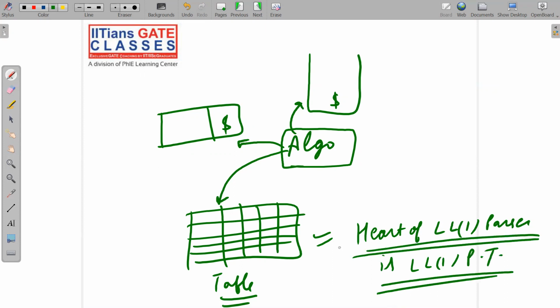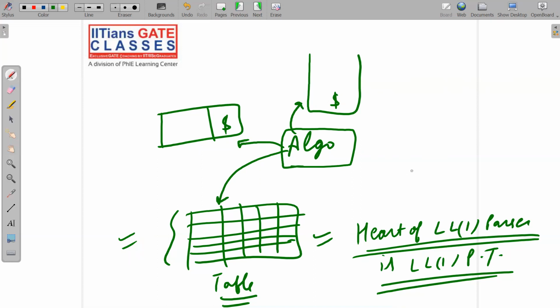This is the most important part of the LL1 parser. The algorithm is not so important. We will be able to see the algorithm in just 10 to 20 minutes, maximum 20 minutes, not more than that. But for the table, I need a few hours. So the table is the very important part, and we should know how exactly this table is designed.